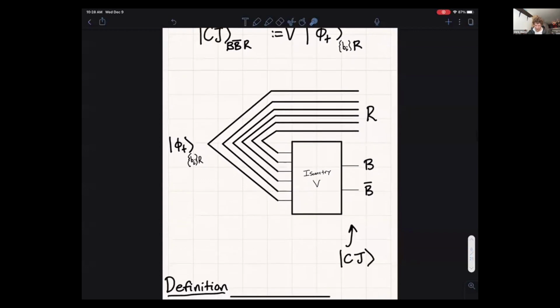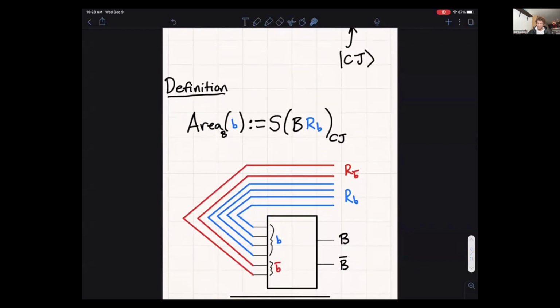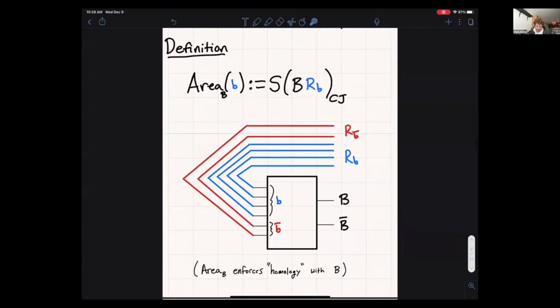So it's a very special state, and with it I will define area for general surfaces. Here's the definition. The area of some set of input legs little b, so say these are the input legs whose area you want to compute, with subscript b, which I'll explain, you have to include a part of the output there, because you have to actually enforce what can be interpreted as homology with that part of the output.